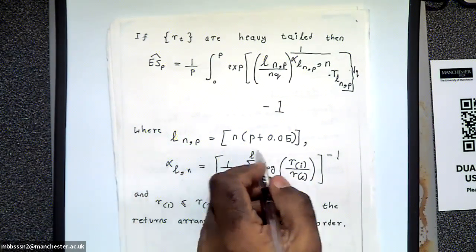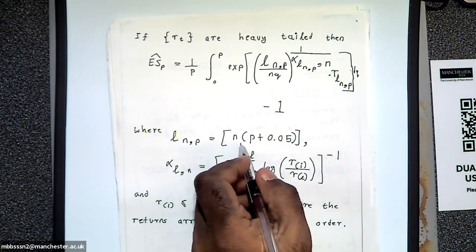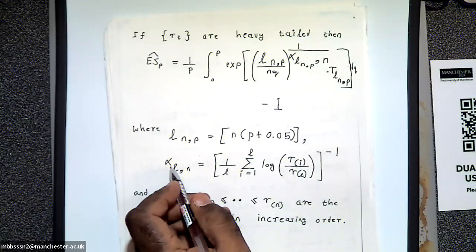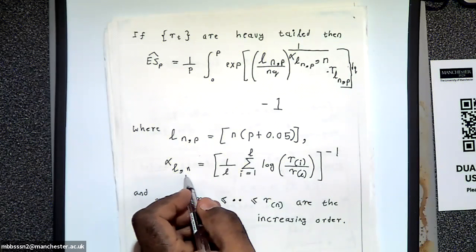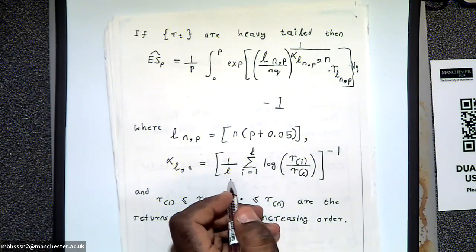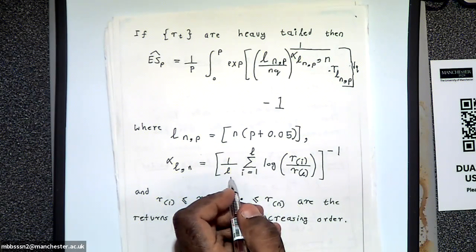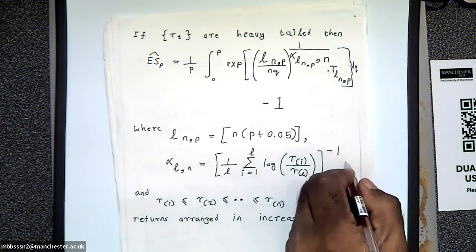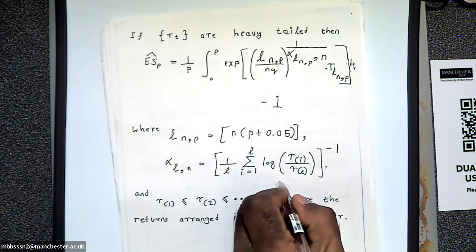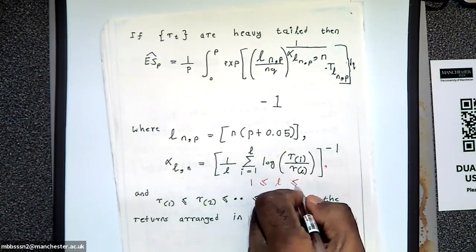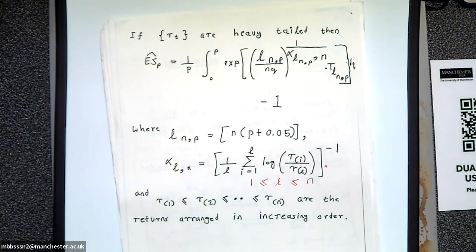Ln P is the integer part of N times P plus 0.05. Alpha subscript L comma N is given by this, right? L must be a number between 1 and N, right?